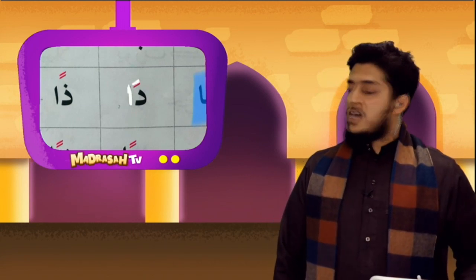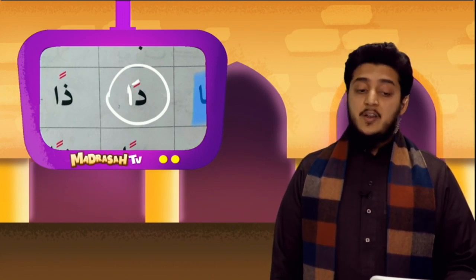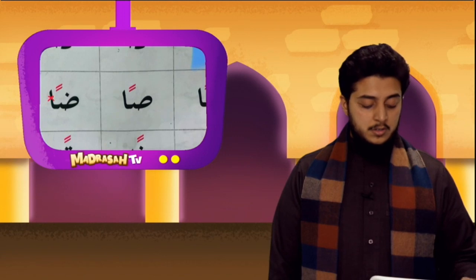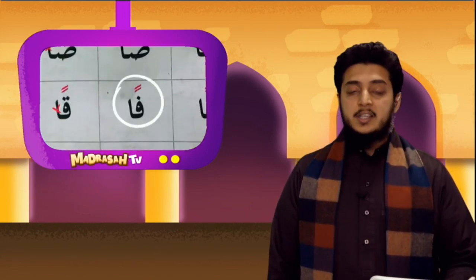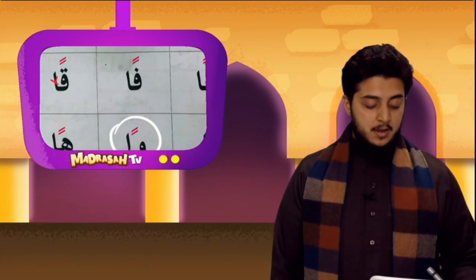How would we spell this now? We would say dal fathada. But two fathas, dal fathatain dan. You guys notice the difference. Sad fathatain son. Fa fathatain fan. Okay? Waw fathatain wan. Okay?